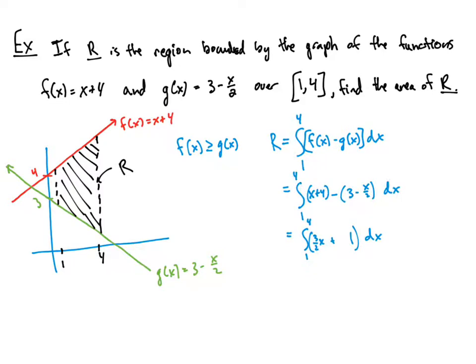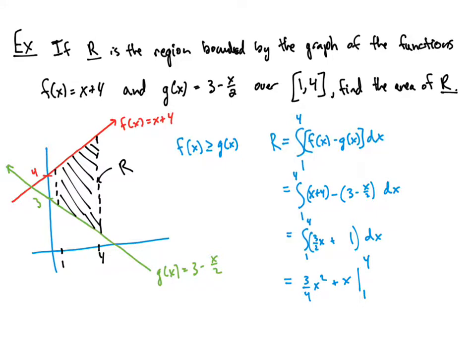So simplifying the integrand, we have 3 over 2 times x plus 1. So integrating, we're going to have 3 over 2 x squared over 2 plus x, and we're going to evaluate that from 1 to 4. I can combine the 3 halves times x squared over 2 into 3/4 x squared.